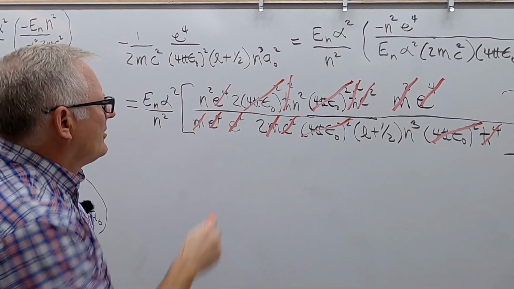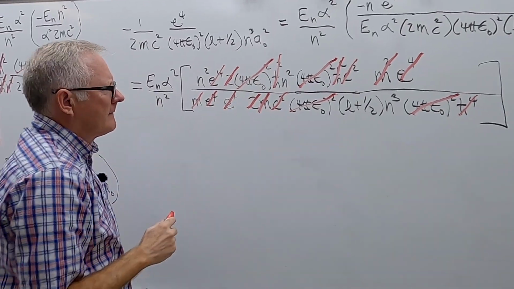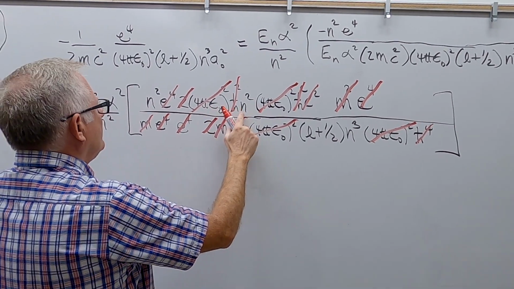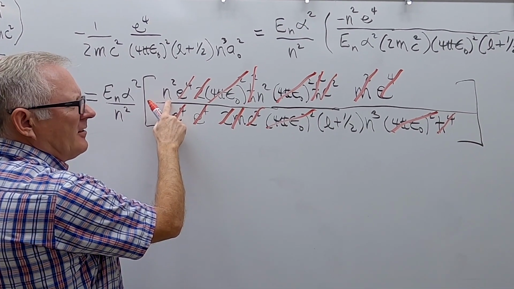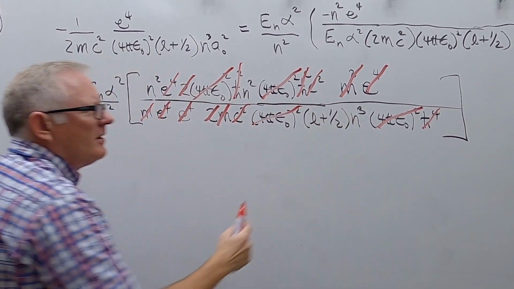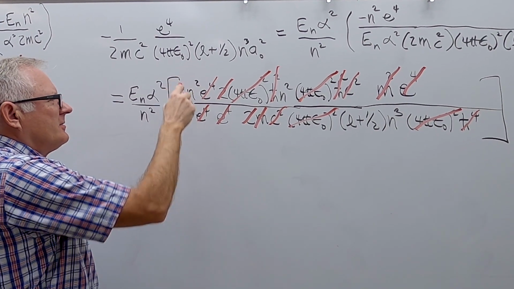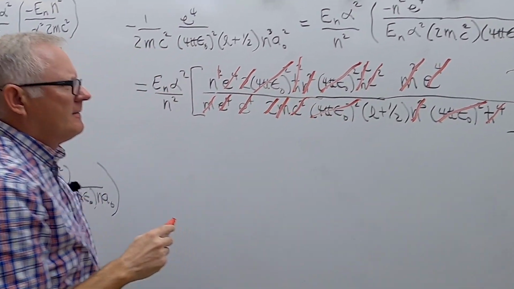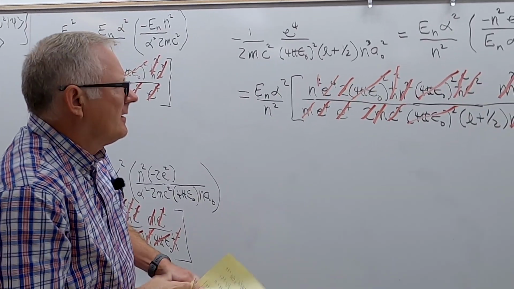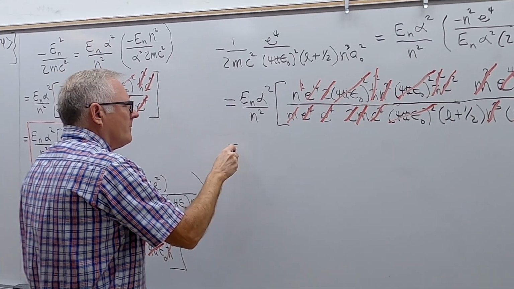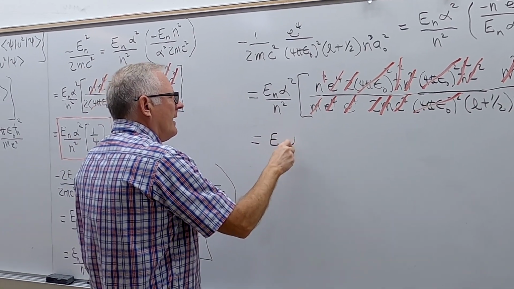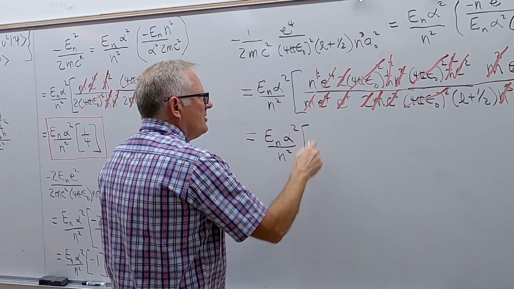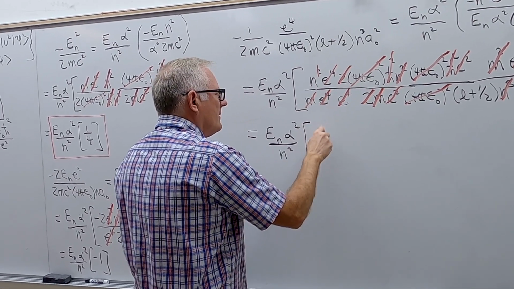The 2's are gone. We've got n squared, another n squared, that's n to the fourth over n cubed, just one n in the numerator. So we end up with E sub n alpha squared all over n squared, and I'm left with just an n over an L plus a half.